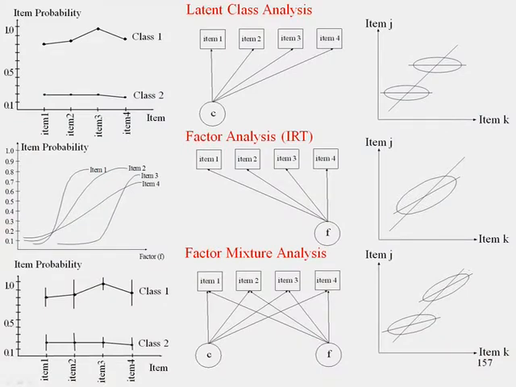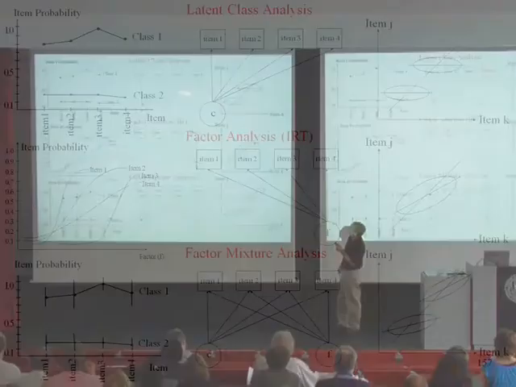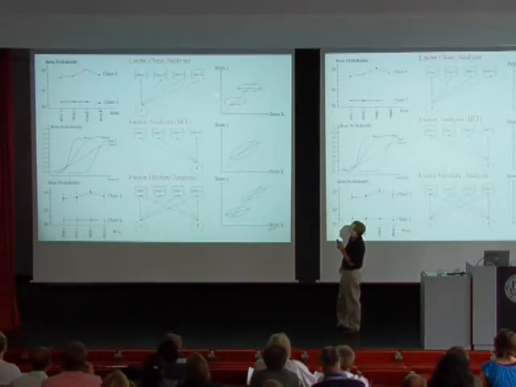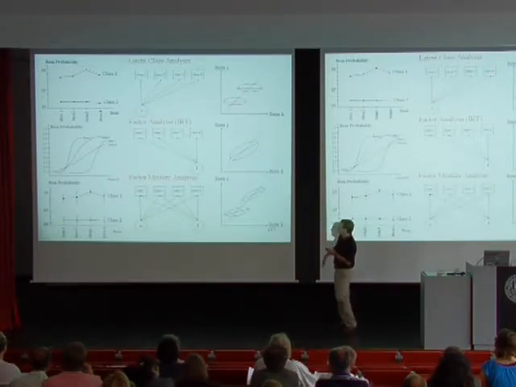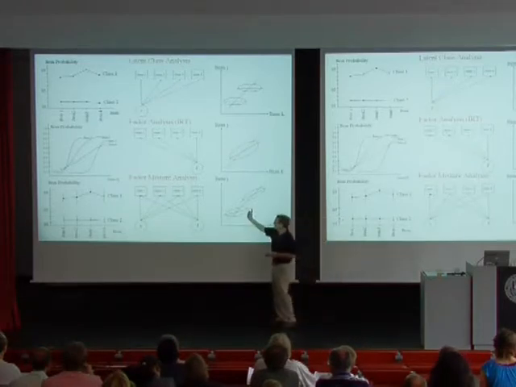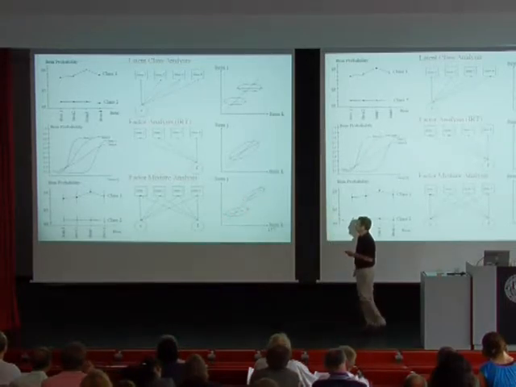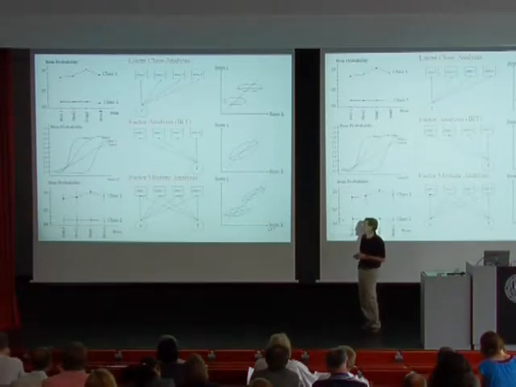The other way of looking at it is that factor mixture analysis generalizes the latent class approach in the sense that you no longer have to have a model that specifies conditional independence, flat regression lines, but you can allow for conditional dependence. So positive within class lines. That is, you allow for within class correlation among the items.